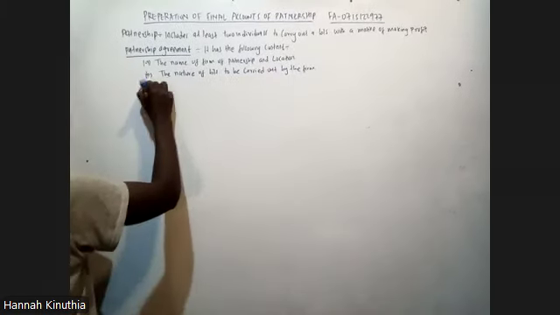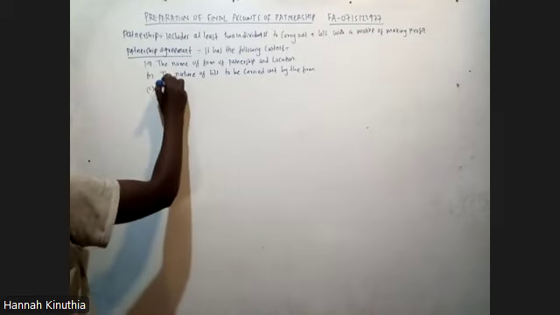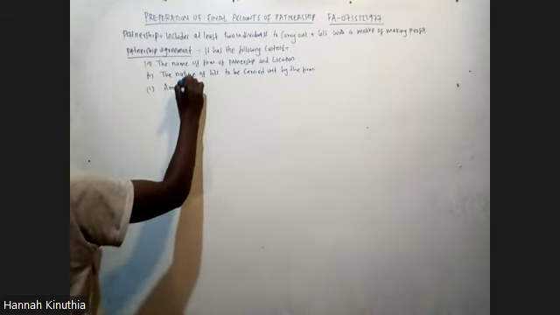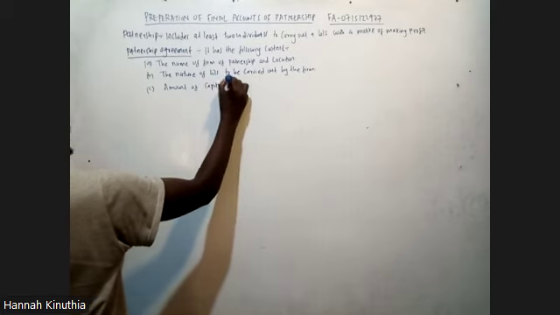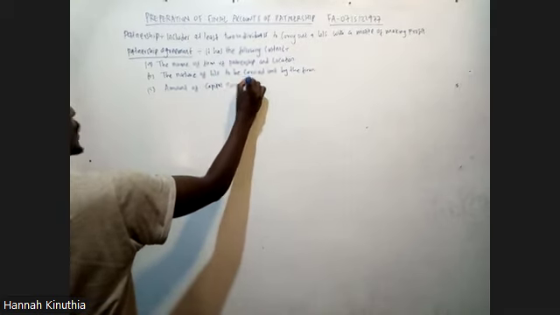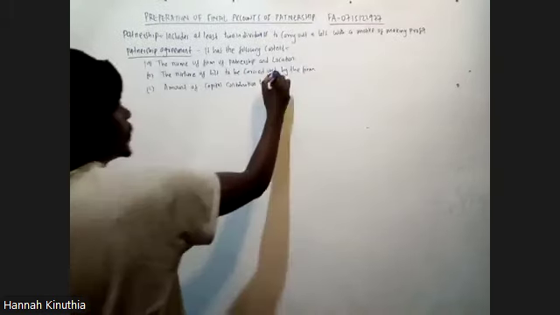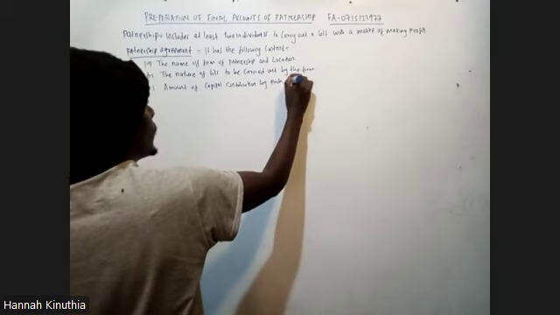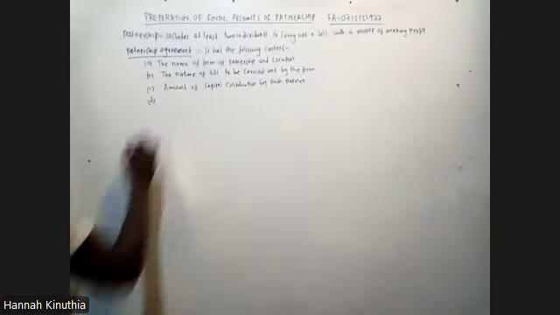Number three, it also has the amount of capital contribution by each partner. And then the ratio of profit to be shared.